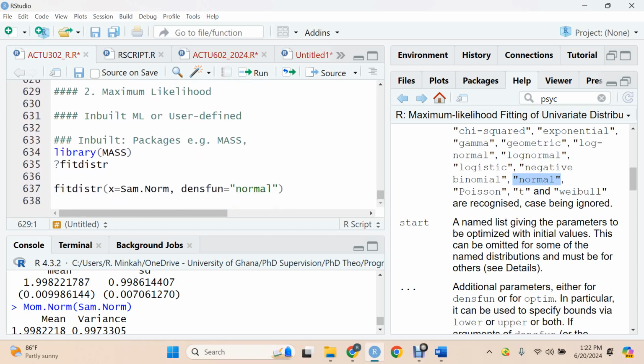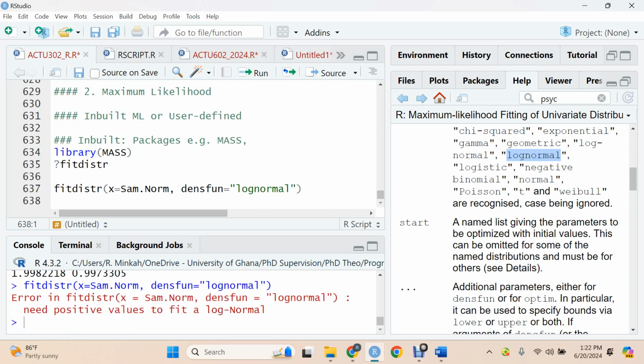If I want to fit this data with the exponential distribution or log normal, I need to apply lognormal here. Then I fit it. And what is happening is that we got an error. You should know that the log normal distribution, you are taking the log of it. So if you have negative numbers, it won't work.